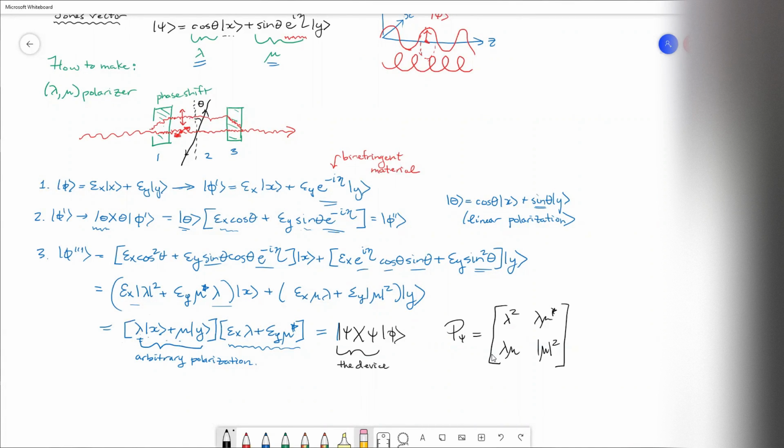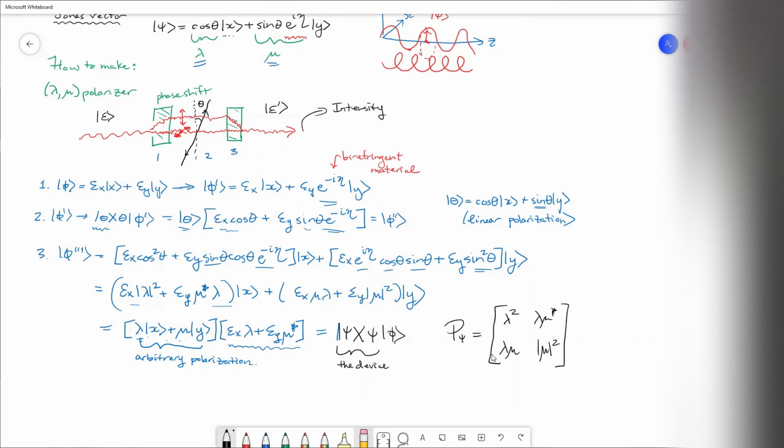And what else? We also didn't mention this last time, but the intensity is, of course, going to be proportional to, so say you're coming in with some initial vector E, and then in the end, you come out with a vector E prime.